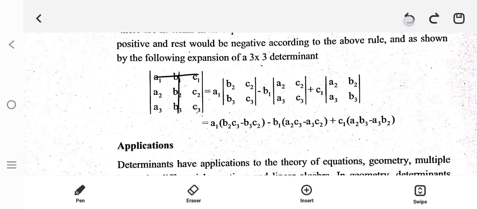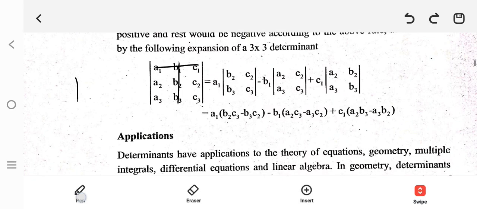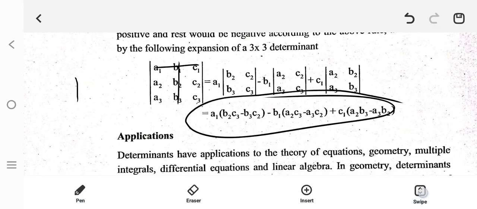We have a2 c2 and a3 c3, right? And plus c1. For c1, remove the first row and third column. We have a2 b2 and a3 b3, right? And this expression we can write as follows.